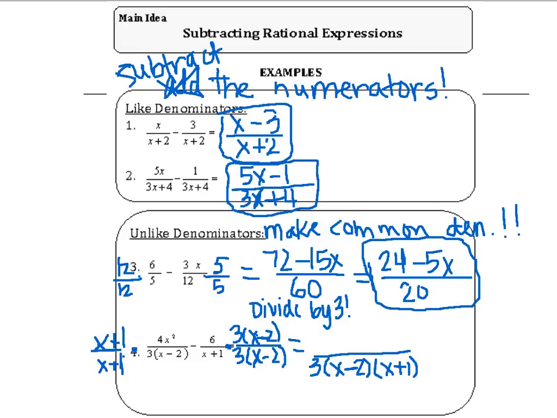So let's do some simplifying now. I've got x plus 1 times 4x squared. So I'm going to write that one out here. 4x squared times x plus 1 minus, and on the other side, I've got 6 times 3, well that's 18, times x minus 2. So 18 times x minus 2.